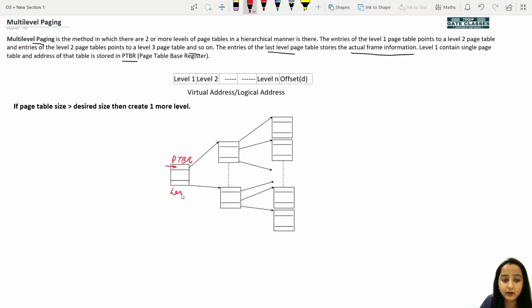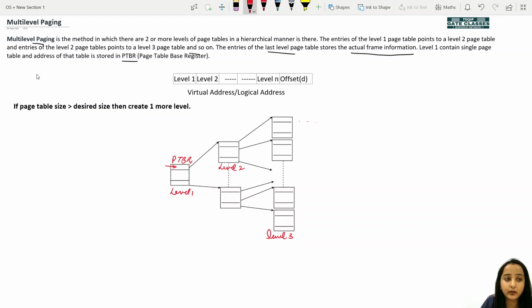This is level 1, this is level 2, this is level 3 page table. This one contains the address of the next level, and this will contain the address of this level 3 page table, and so on.